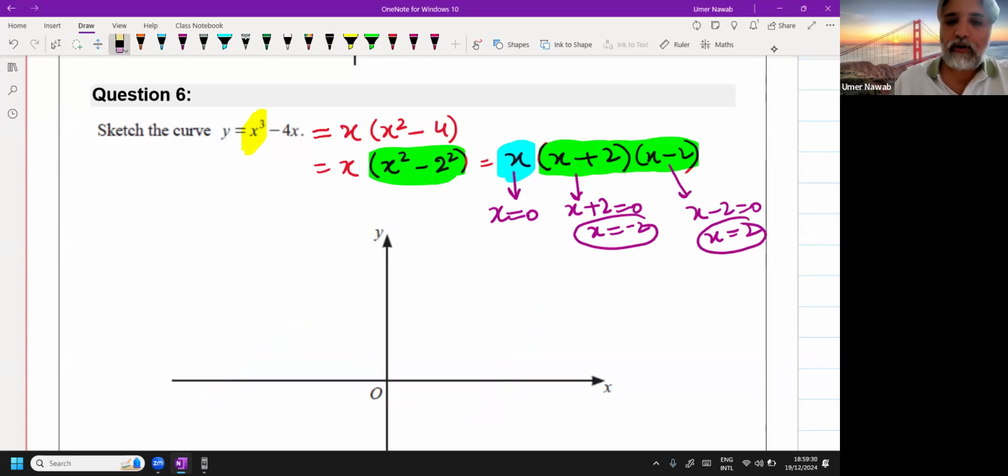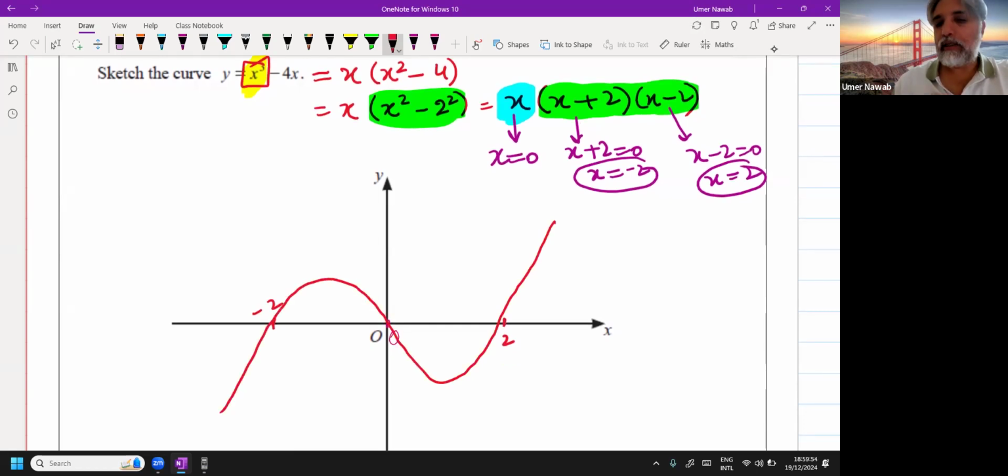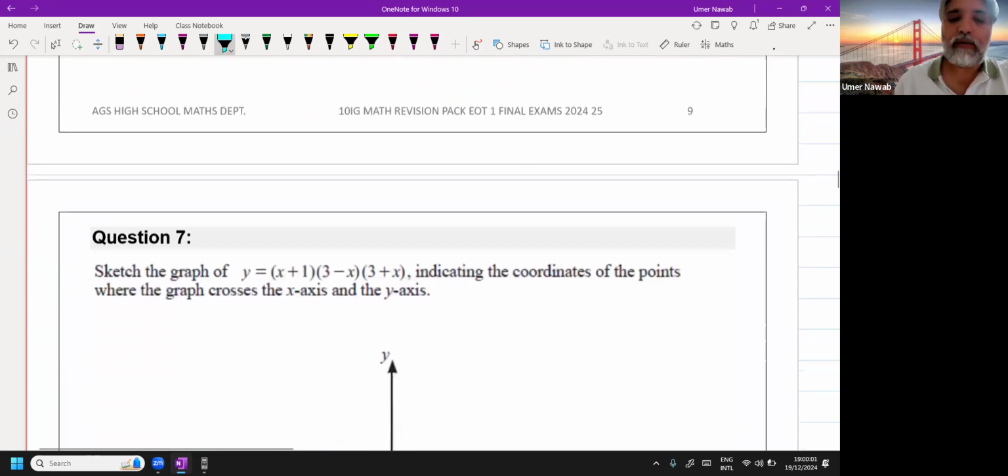Now, when I draw this graph, it tells me my x-intercept is 0 and my x-intercept is also -2 and 2. Since the x cube coefficient is positive, the graph comes from here and it goes like this. And the y-intercept is obviously 0, so no need to calculate it separately.